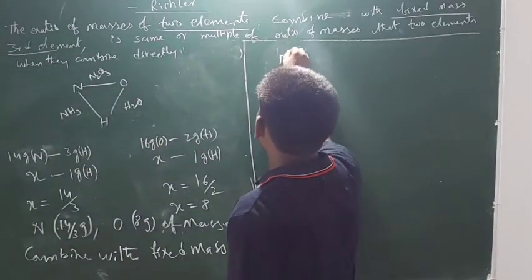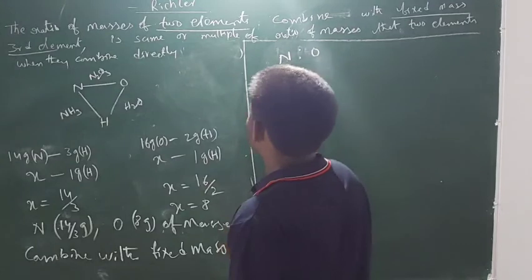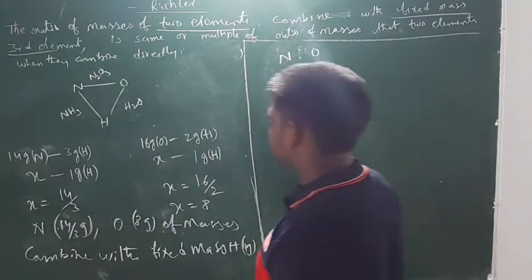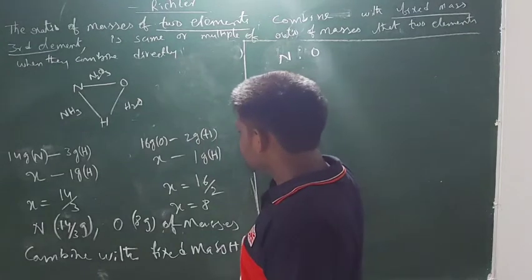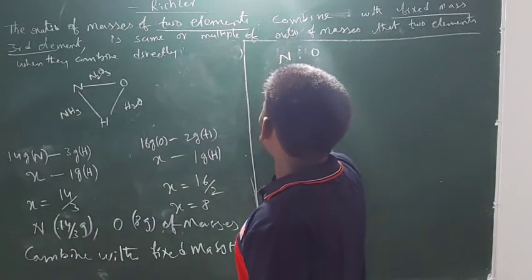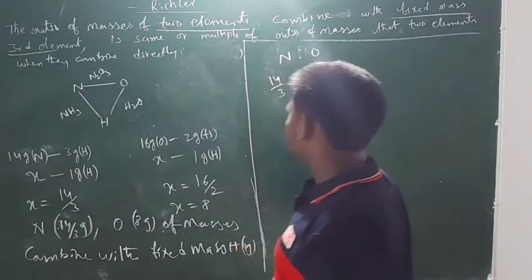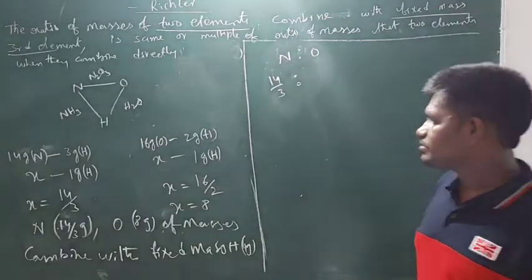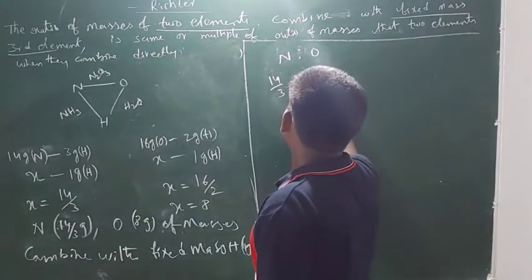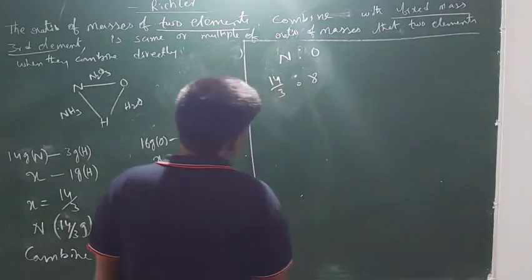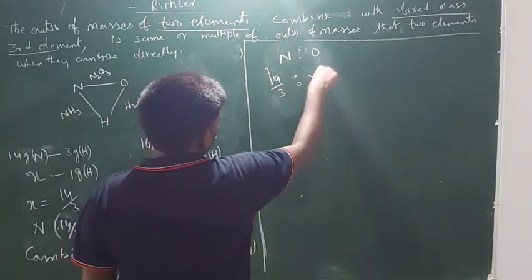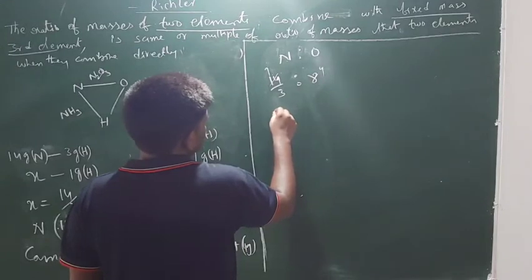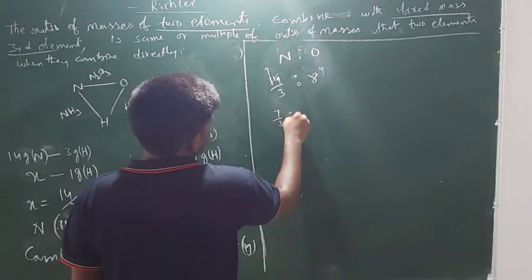So now you can check out the ratio of the masses of nitrogen and oxygen. You take nitrogen mass to oxygen mass. Nitrogen mass how much, guys? How much amount of nitrogen is combining with the fixed mass of the hydrogen? 14 by 3. And how much amount of oxygen is combining with the fixed mass of the hydrogen? That is 8. So now, guys, here second table 7 times and here 4 times. So now you can get 7 by 3 is to 4.